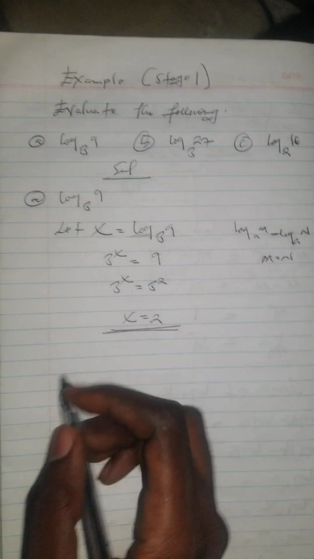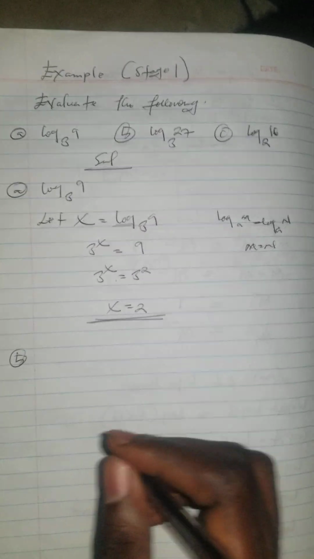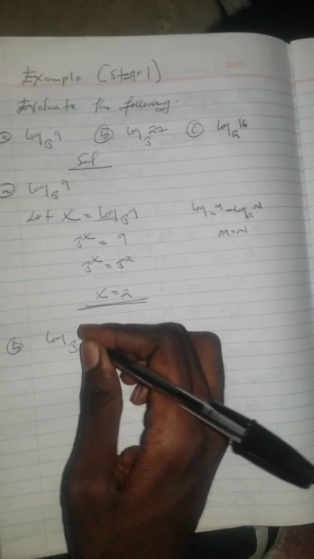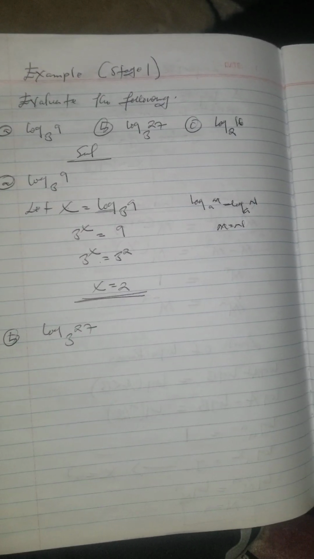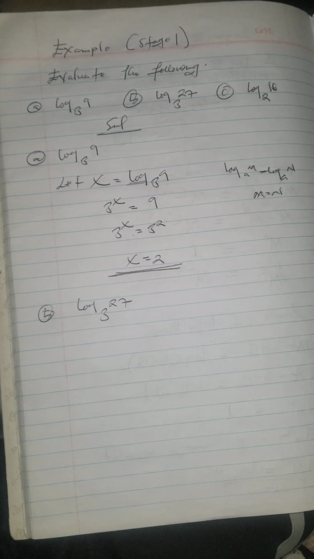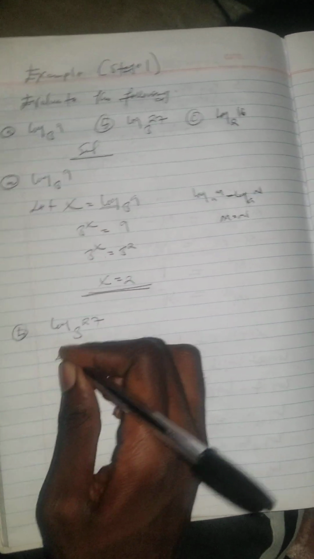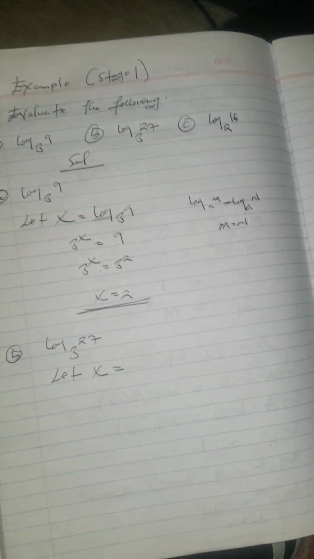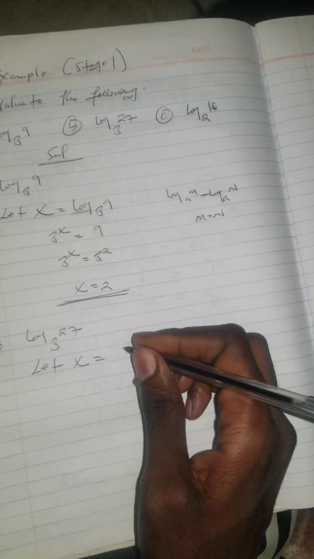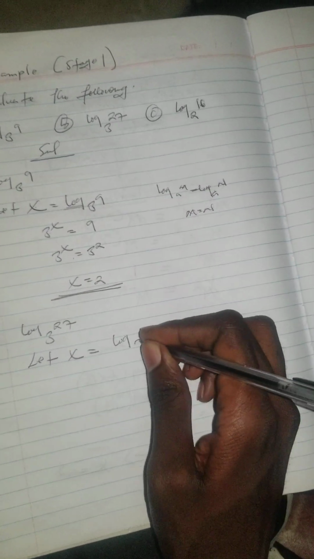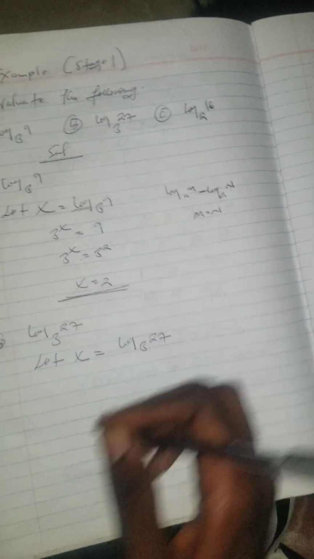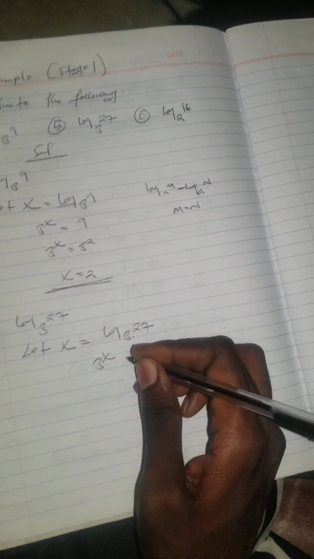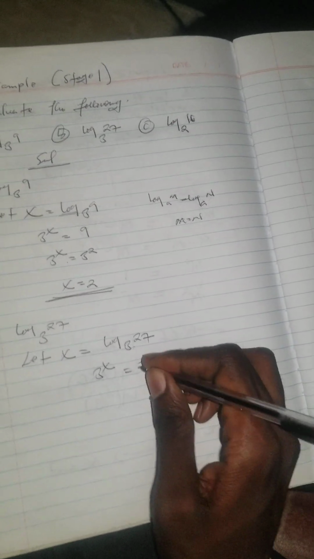Afterwards, B, you have log 27 base 3. Same step. Let x be equal to log 27 base 3, and then 3 is going to carry x as the power, and then you put 27 here.